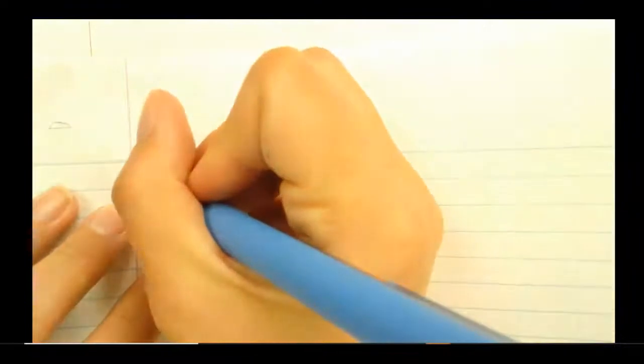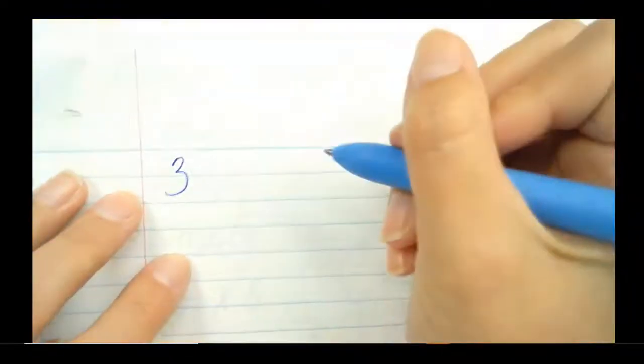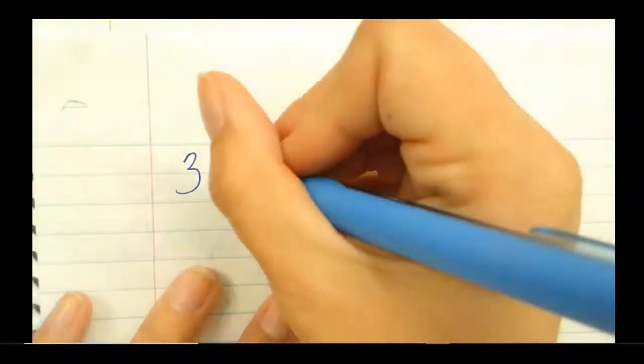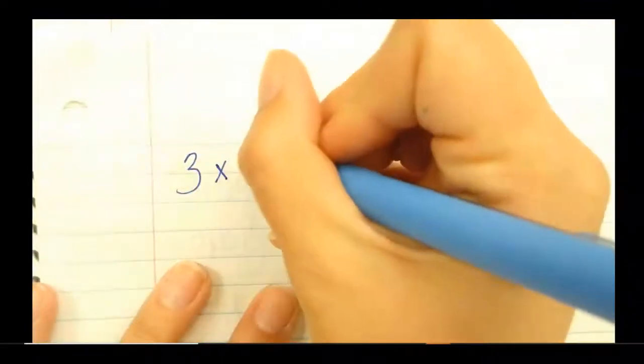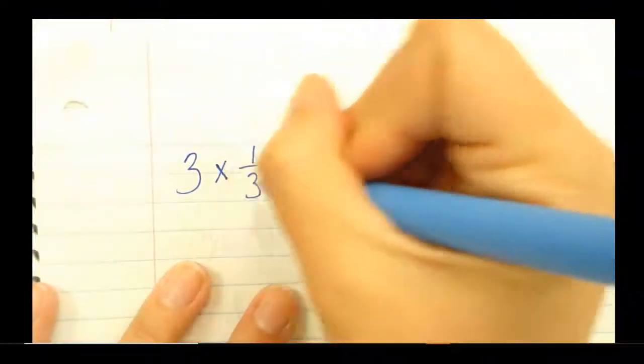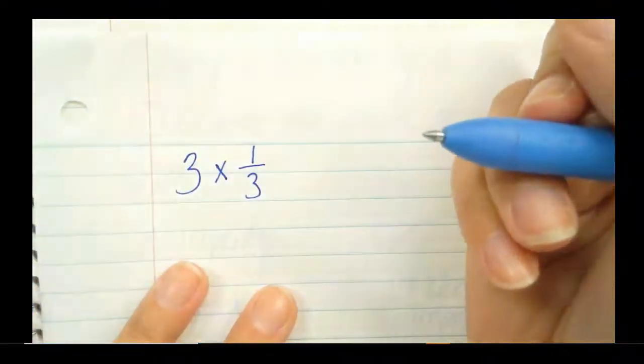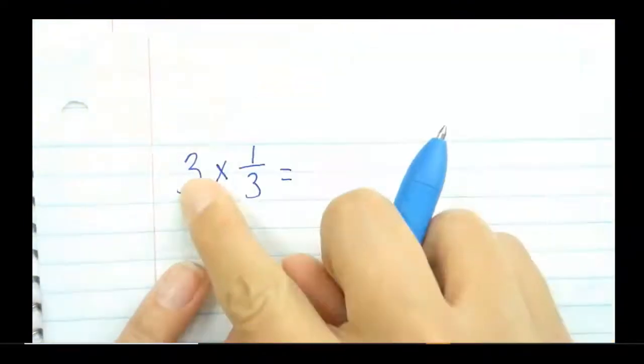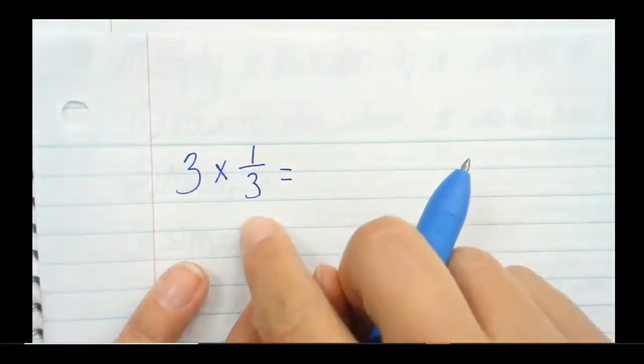Okay, let's say I'm going to make 3 batches of cookies, and each batch of cookies calls for a 1/3 cup of flour. Okay, so I have my whole number and I have my fraction.